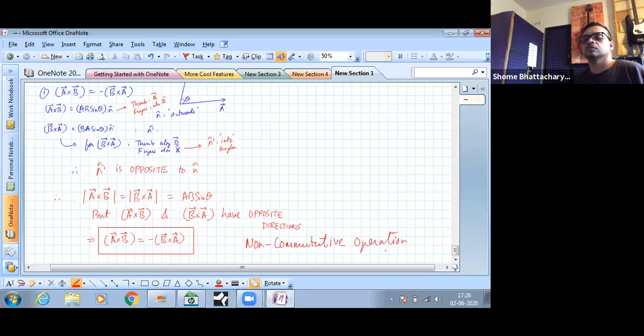Okay. Why? Because A cross B is not equal to B cross A. It is minus of B cross A. So that's why it is non-commutative. Dot product, you'll remember, was commutative. Addition of two vectors was commutative. But cross product is non-commutative. Subtraction of two vectors is also non-commutative.